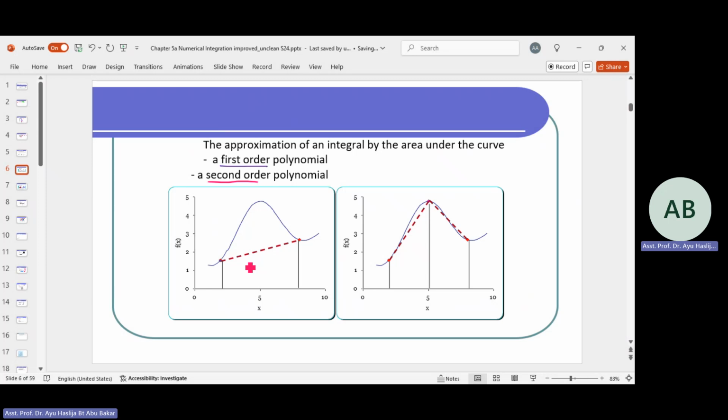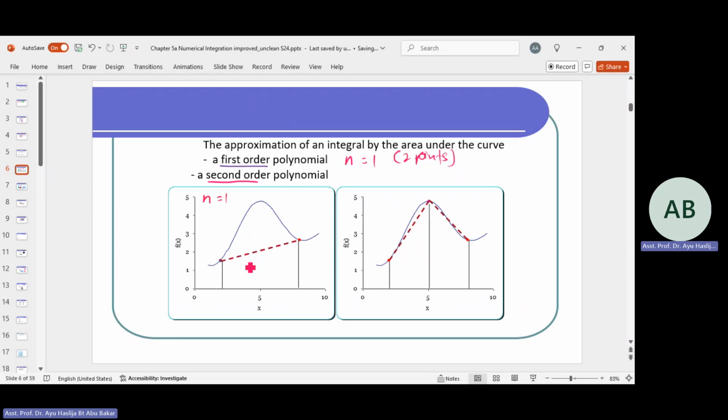Now this one, as we know, integration is to find area under the curve. So we have a first order polynomial and second order polynomial. Here first order means n equals 1. Correct. How many points? n equals 1, 2 points. So it is linear.